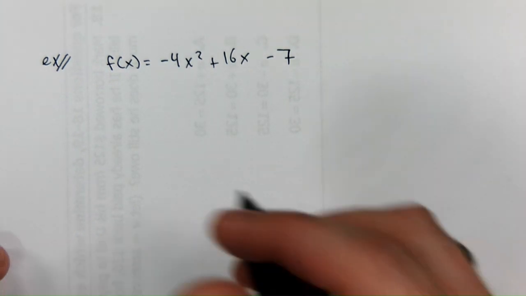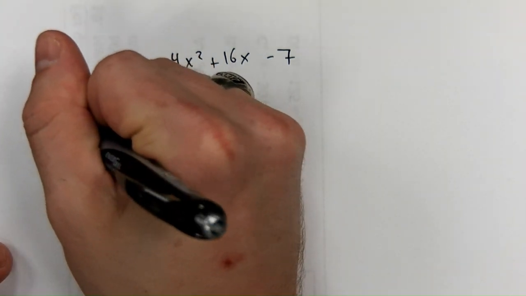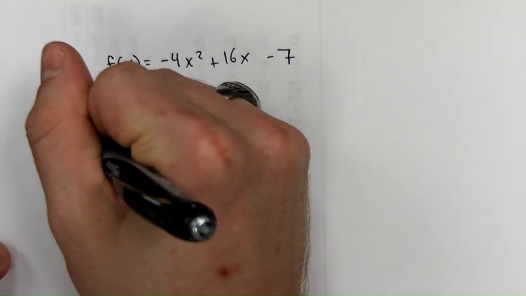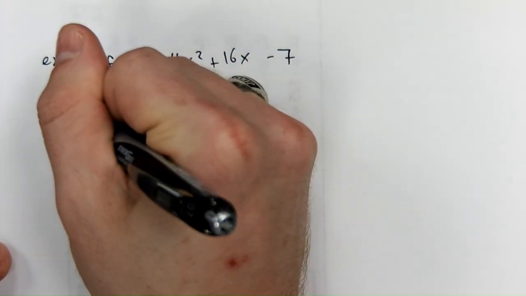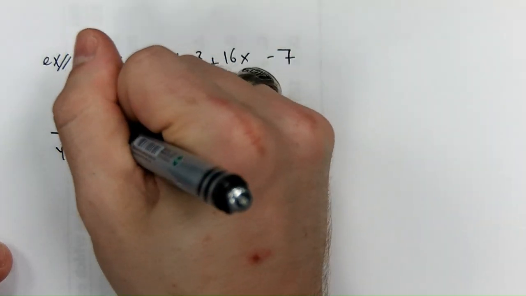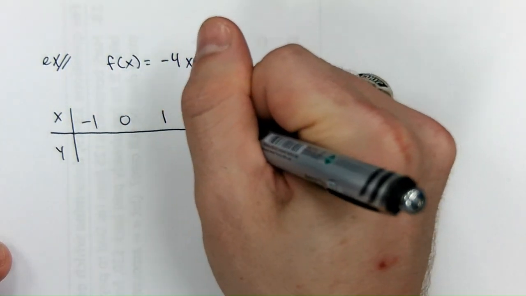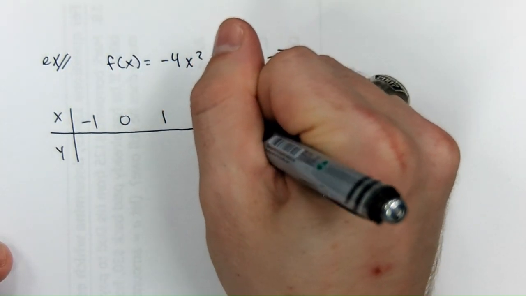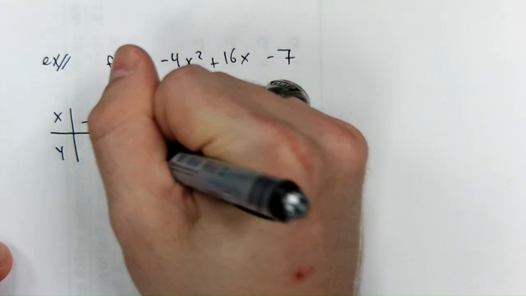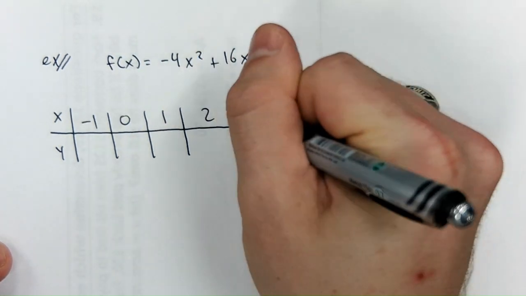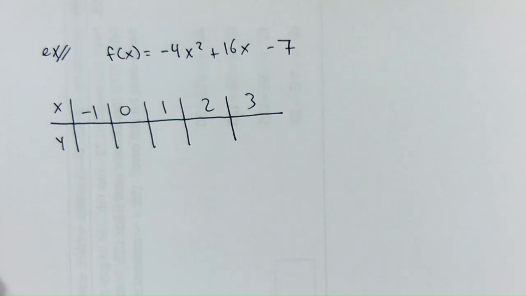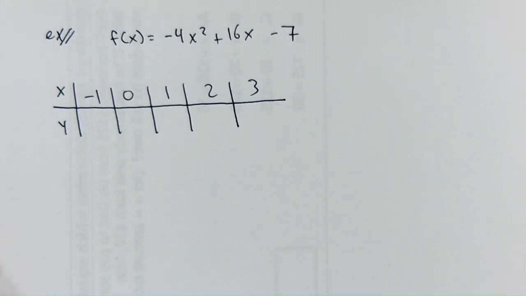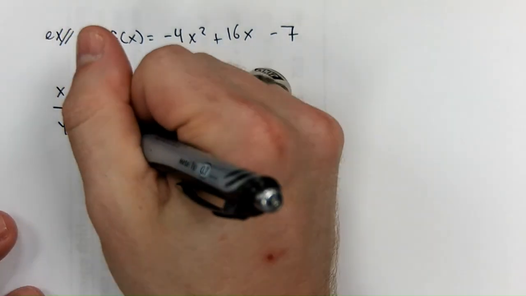Let's say I give you a table of values. I've just made up a quadratic. I'll save you the calculation time.